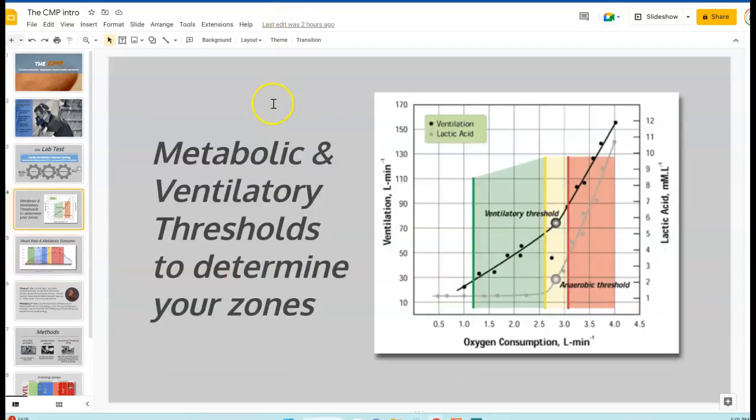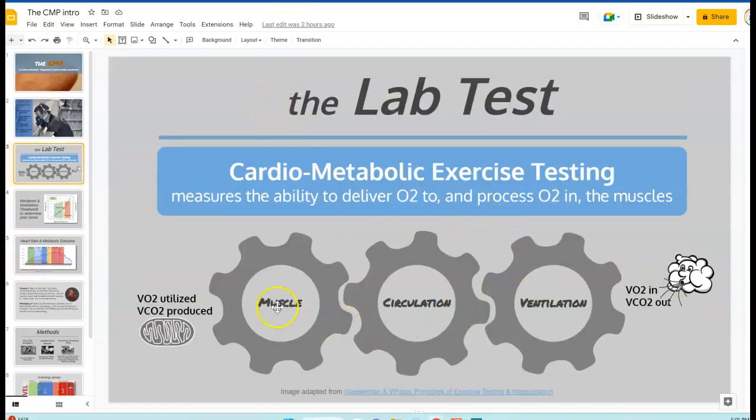So specifically, you're looking at three systems here: the ventilatory, how you move air in and out through the lungs, how we pump it with the heart through the vasculature, and then how the muscle is able to take that oxygen from the blood and utilize it in the muscle. So all these systems are evaluated when we're able to hook you up to a metabolic analyzer during testing.